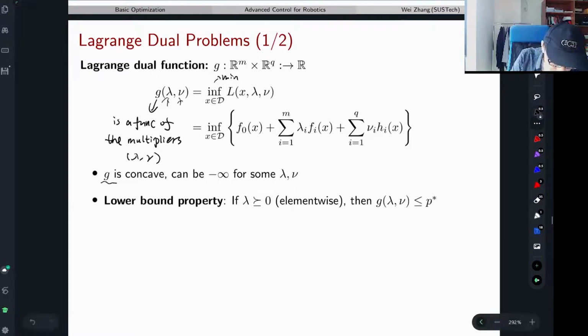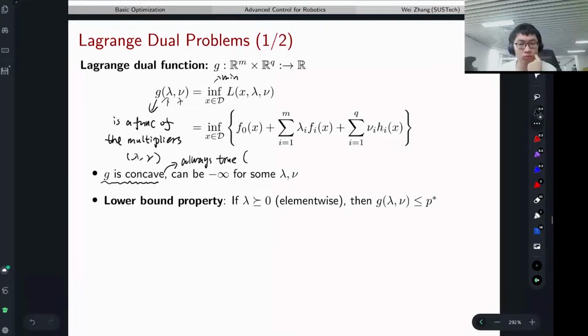So G is a concave function. Okay, concave function. This is always true. Let me put that, this is always true.